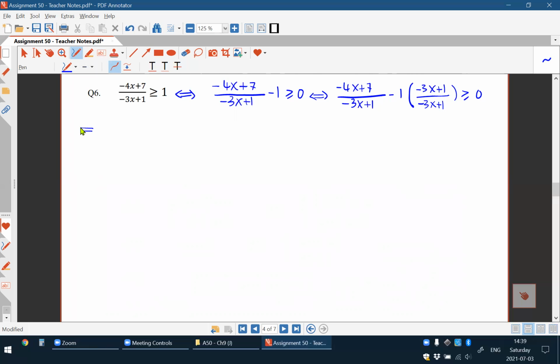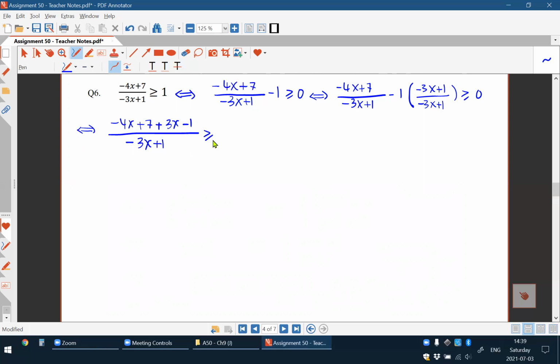All right, and then this is equivalent to -4x plus 7, -1 times -3x, of course, gives us 3x and -1, divided by the common denominator, which is -3x plus 1.